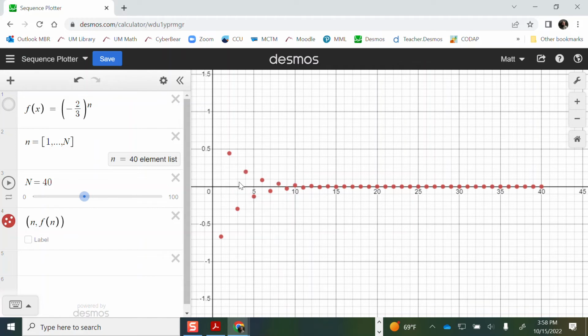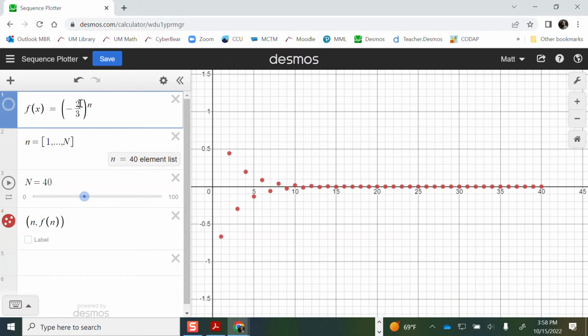But again, even though I'm bouncing up and down across the x-axis, eventually I get pretty darn close to 0. In fact, it challenges Desmos's accuracy once I'm past the 18th term. So at the 18th term we are effectively at 0. Kind of an interesting thing.